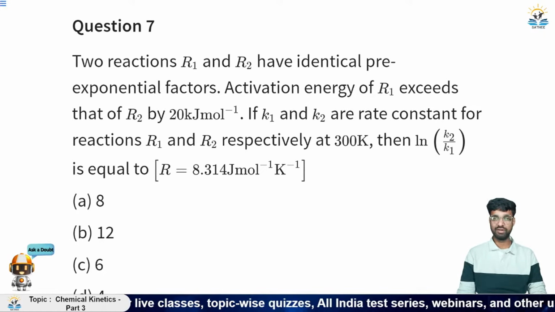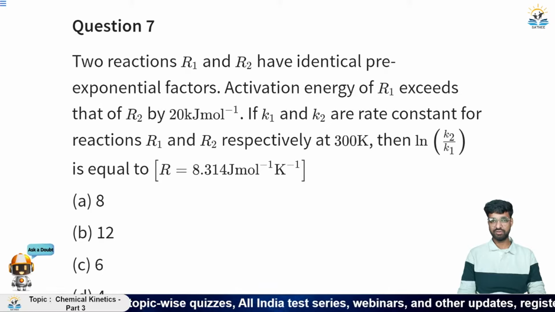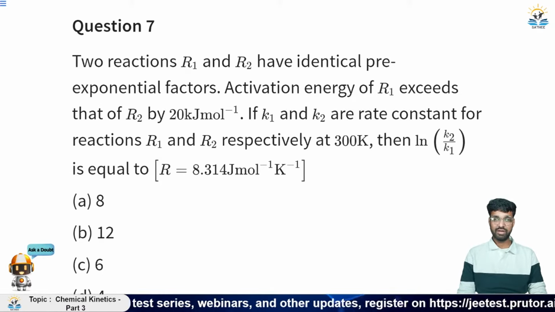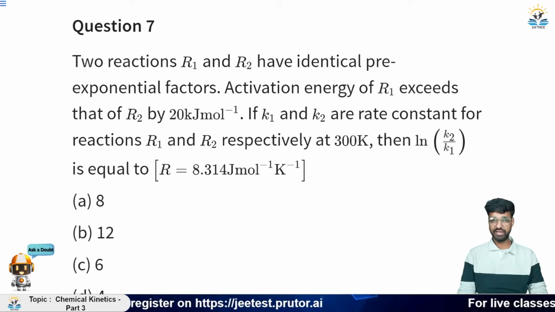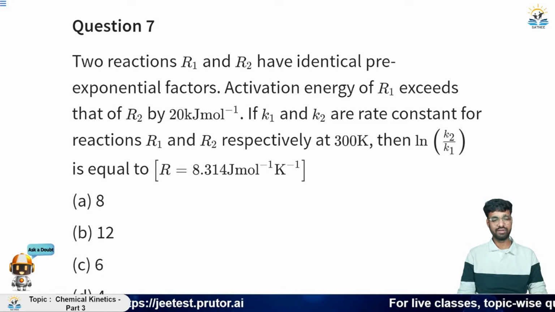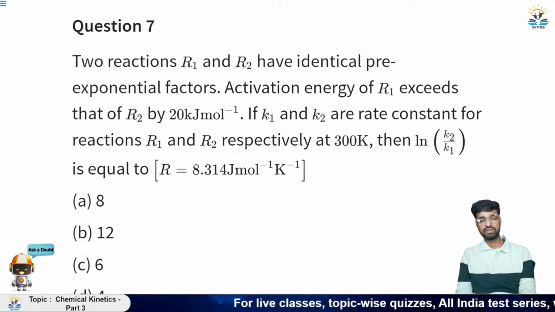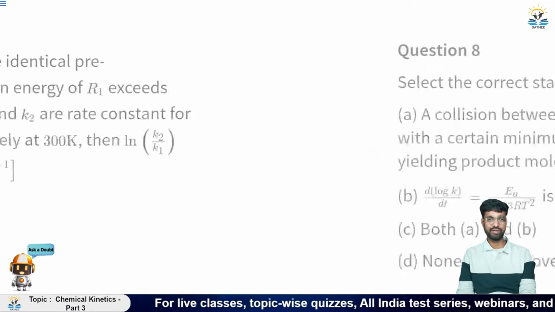We know the formula very well: ln K2 by K1 is equal to Ea by 2.303 R, then T2 minus T1 by T1 into T2. You will put in all those values, T1, T2, and we have the value of Ea also, and we will find the final answer, that is ln K2 by K1. So this is the exercise, you must do it.